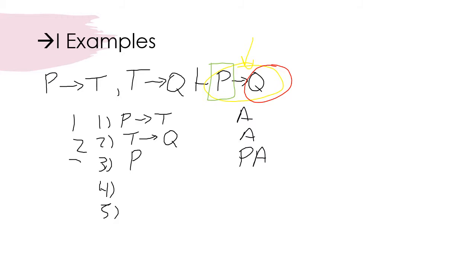And since it is its own assumption, it gets associated with the number in which it appears. So P appears on line 3, so we associate with number 3. Now, with this, what can we do with our proof? Well, we could toss this P into the conditional statement 1 to get T. So 1 and 3 give us arrow out, and 1 and 3.